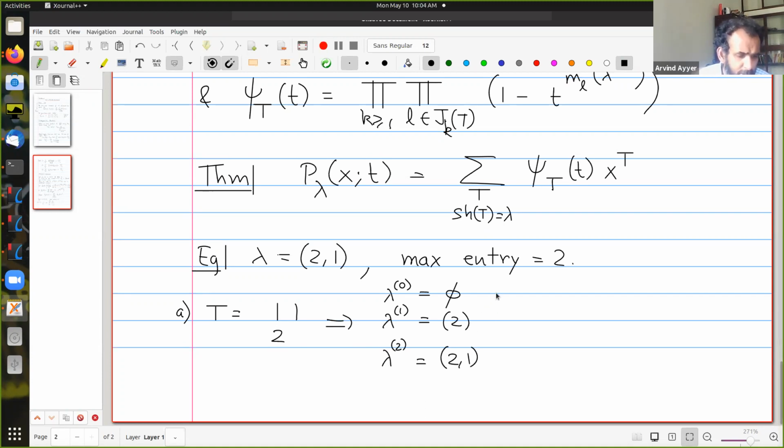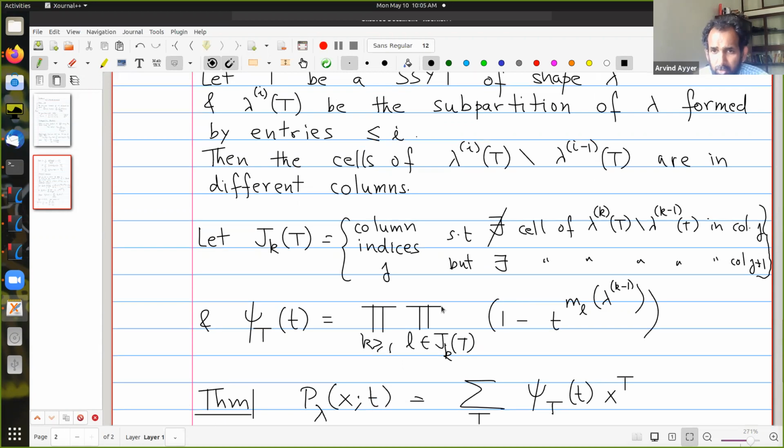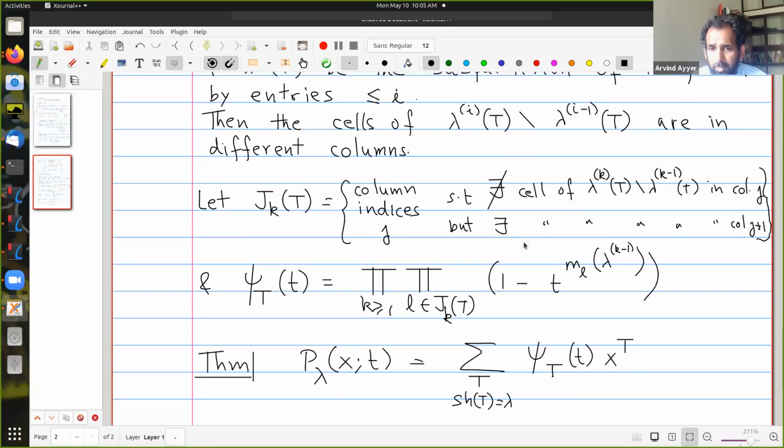All right, so let's look at j sub 1. We are looking at column indices where there is no cell in a certain column and then there is a cell in the next.